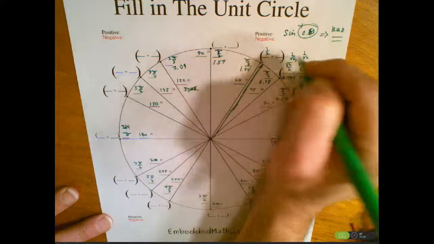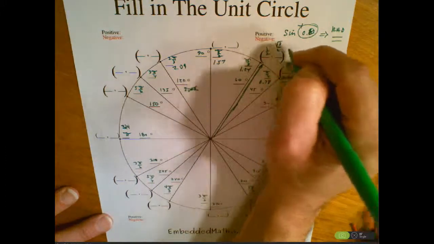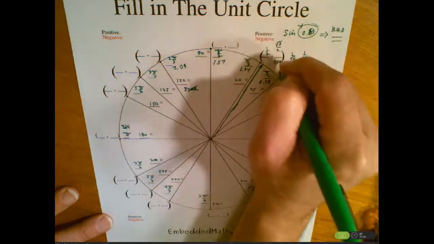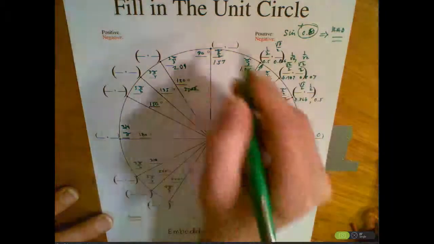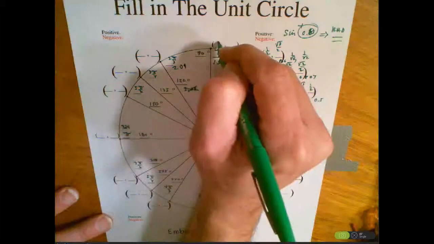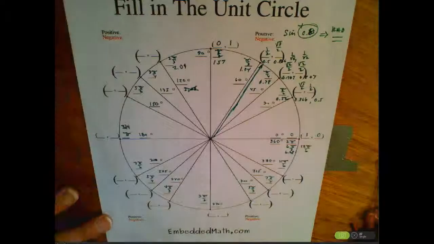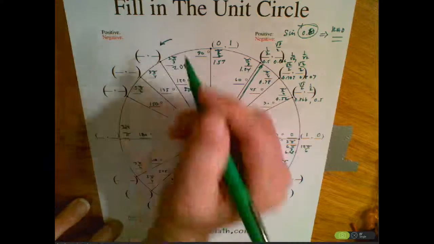The x coordinate here is 1/2, and the y coordinate here is root 3 over 2, which we know is 0.866, and this is 0.5. And finally, this coordinate here for 90 degrees would be the x coordinate is 0 and the y coordinate is 1. Okay, I want you to go ahead and fill the rest of these out as part of your assignment.